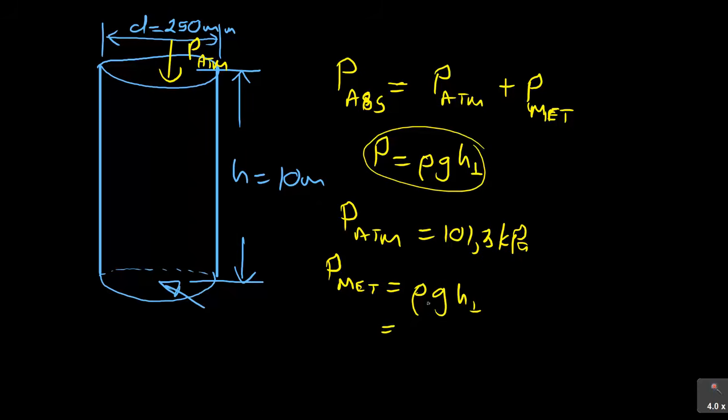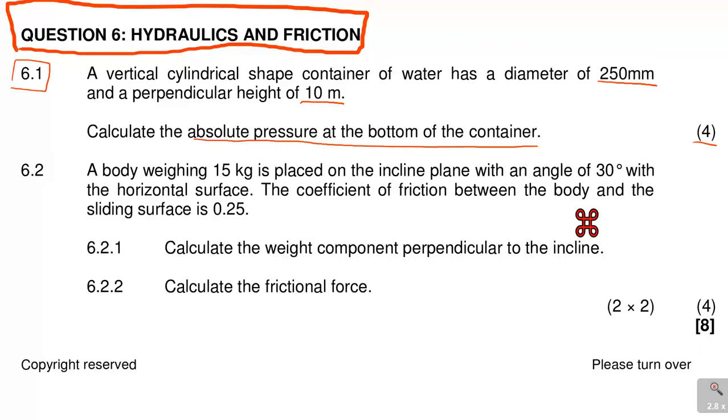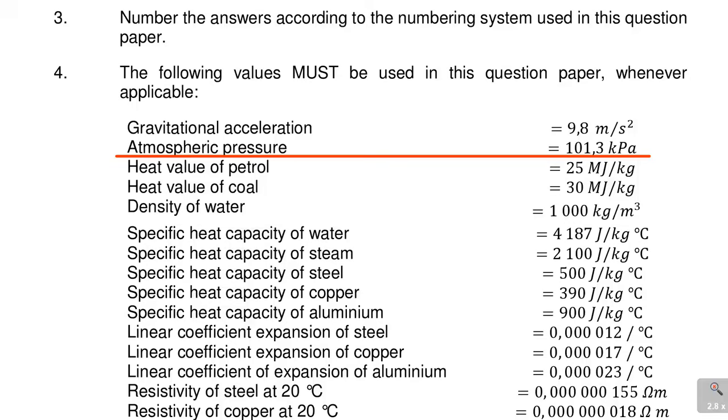Now the density of water, you come to the formula sheet and it will give you the density of water, which is 1000 kilograms per cubic meter. But don't forget that the atmospheric pressure here is 101.3 kilopascals.